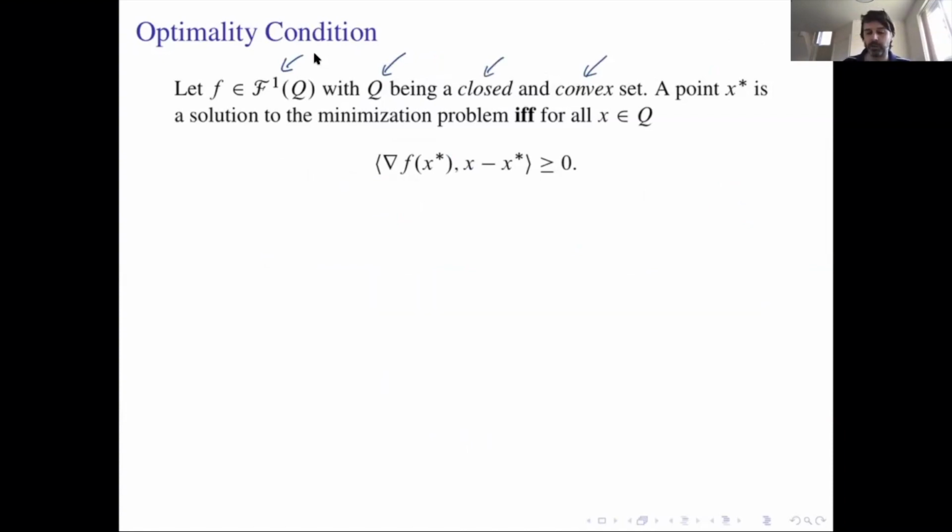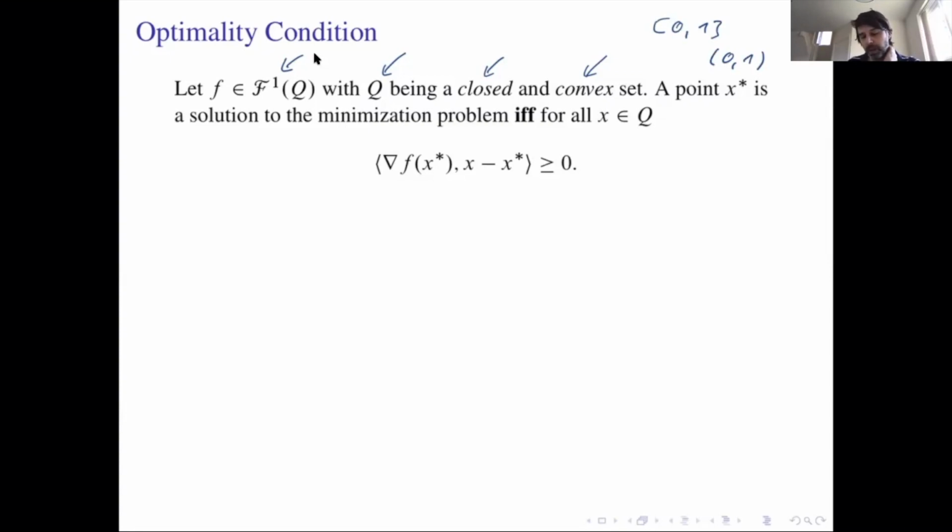For instance, the interval where you add the boundary points 0 and 1 is a closed set. The open interval where 0 and 1 are excluded would not be closed, just as some very simple examples. So the conditions we need for this criterion are a closed and convex set, and then a point x star is a solution to a minimization problem. Alternatively, for maximization, you could turn things around.